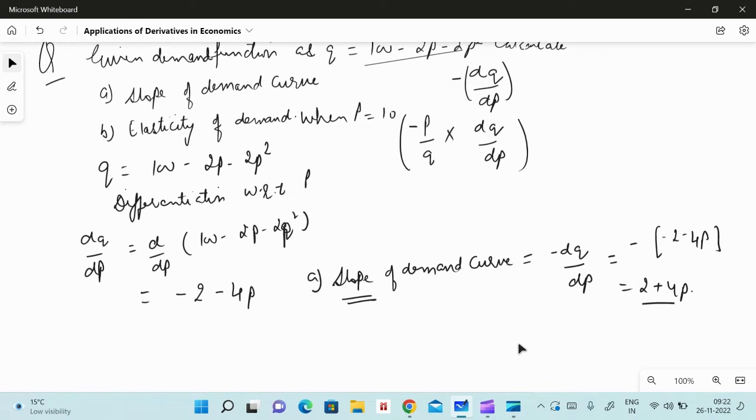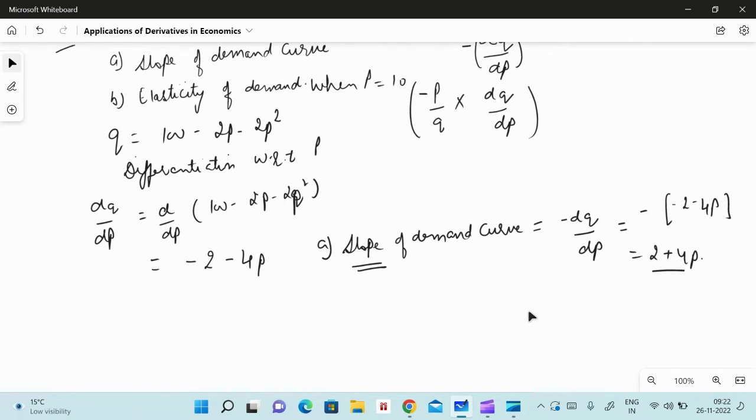Now moving toward the next part, in which we have to calculate the elasticity of demand. In that case, the formula will be elasticity of demand equals minus p upon q into dq by dp. The value of dq by dp we have already calculated.